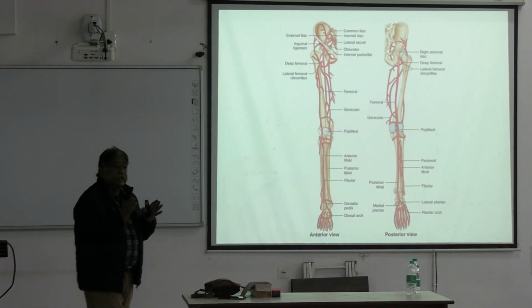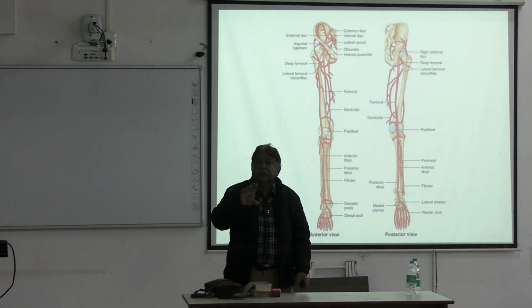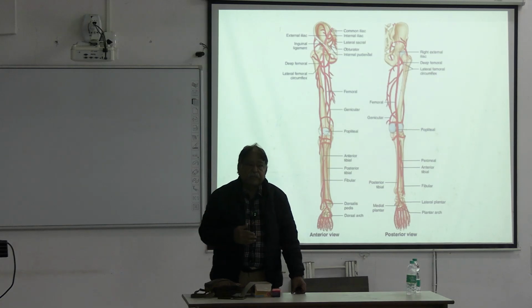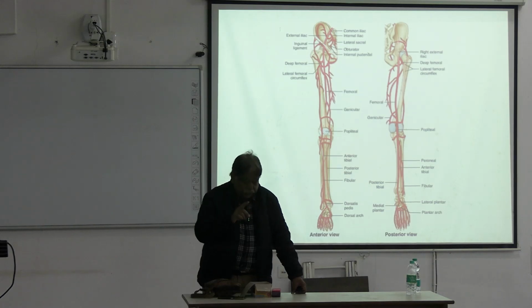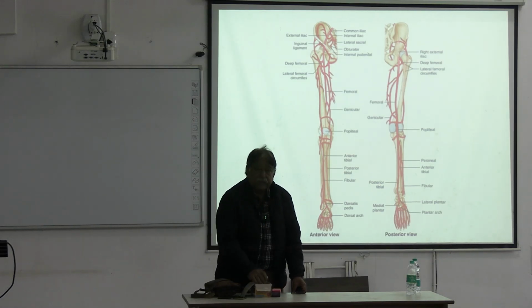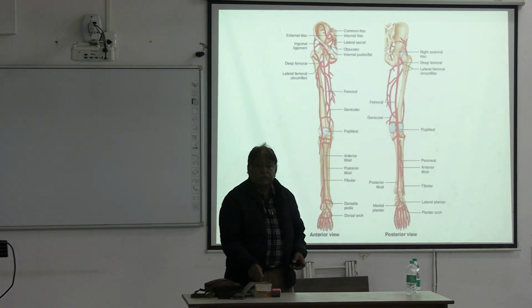Now, this is the thing: all these compartments you will have as you do your dissection. You don't have to draw like this, you just do a line drawing, just like this, branch. Your textbooks give enough.